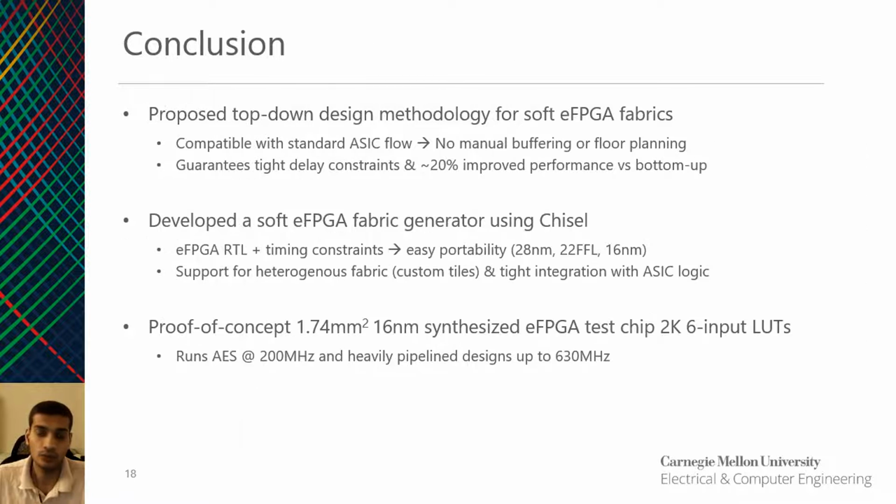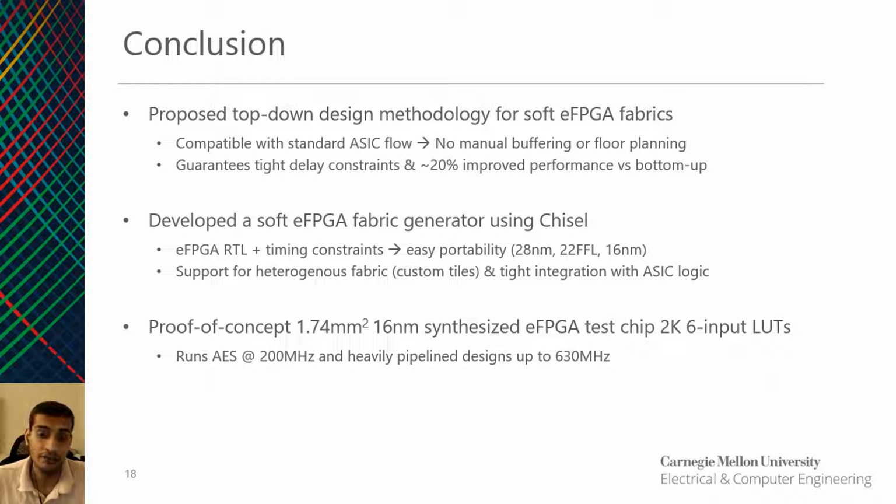We propose a top-down design methodology for synthesizing soft eFPGA fabrics using standard ASIC flows without the need for any manual buffering or floorplanning requirements that are associated with the bottom-up approach. Moreover, the top-down methodology provides tight delay guarantees and improved performance compared to bottom-up methodology.